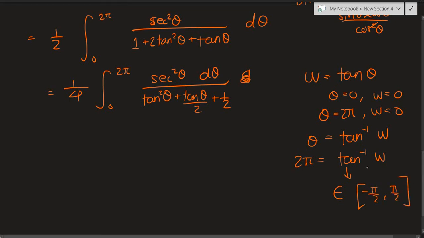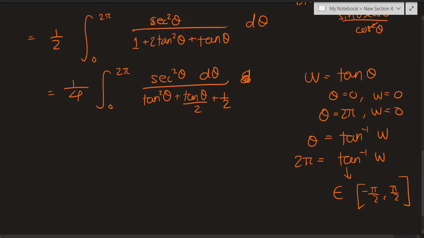So the maximum value that the inverse tangent can actually output for a given numeric input w is pi over 2, and the least value it can output is negative pi over 2, because we had to restrict the domain of the tangent in order for the tangent function to be invertible.